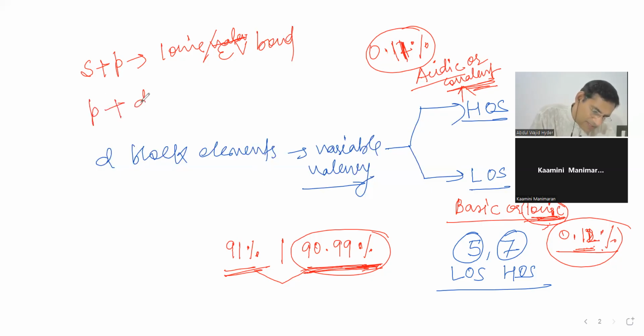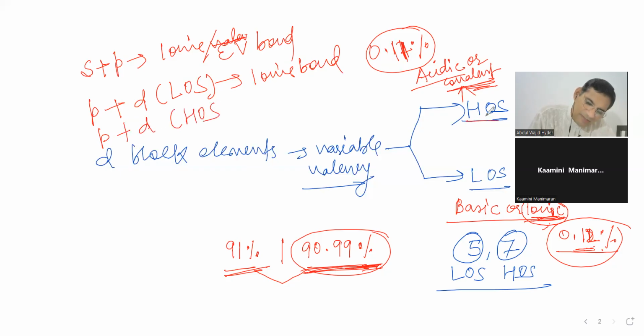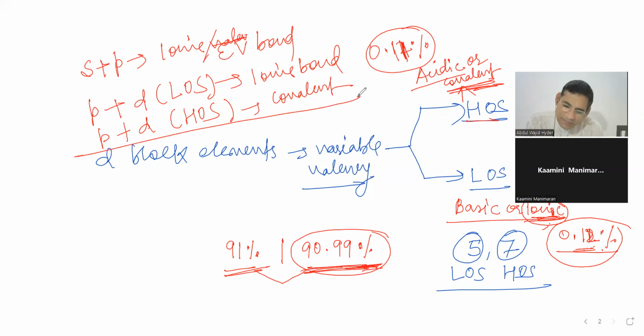P block elements plus D block elements in the lower oxidation state will form ionic bonds. And P block elements plus D block elements in the higher oxidation state will form covalent bonds. Is this all okay?